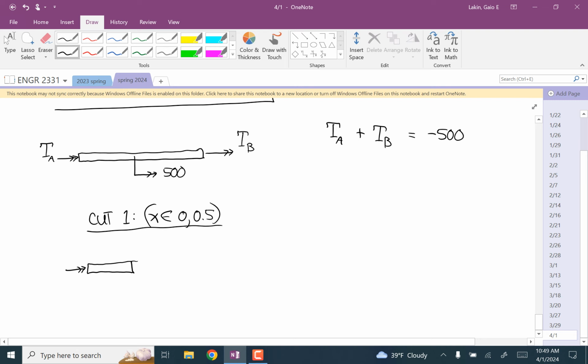So we have our torque A over here, our internal torque there. The moment equation says TA plus internal torque is equal to 0. So the internal torque is equal to negative TA.